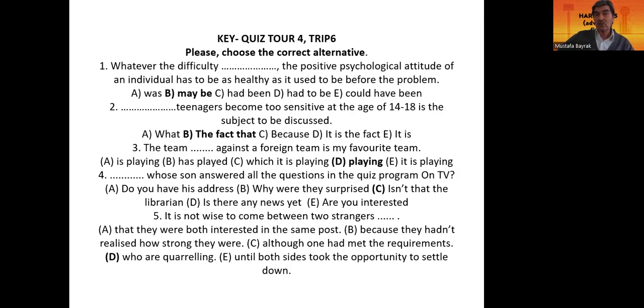So reduction of adjective clause, and participle, we call them present participle, verb ing. The team which is playing against a foreign team is my favorite team. So there are a lot of teams, okay? They are playing their games, but the team which is playing a foreign team is my favorite team.